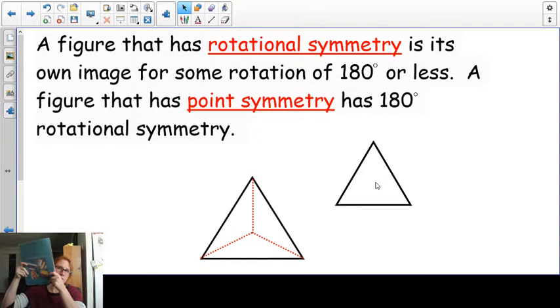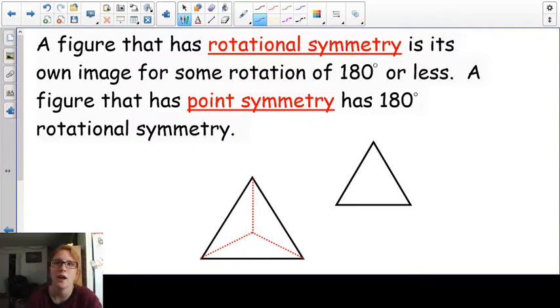I put my lesson plan book and I stuck it here. I can spin that, and at 180 degrees, it'll get back to the same size. So when I'm dealing with this triangle, I want to determine how many degrees of rotational symmetry this has. So think about it. When you spin, what shape do you typically spin in?